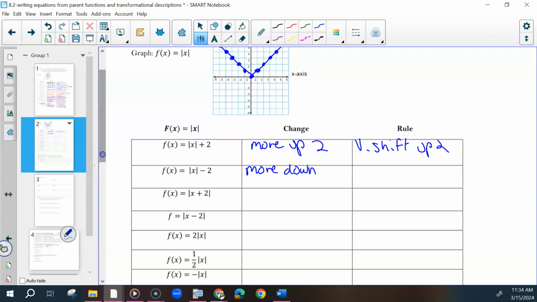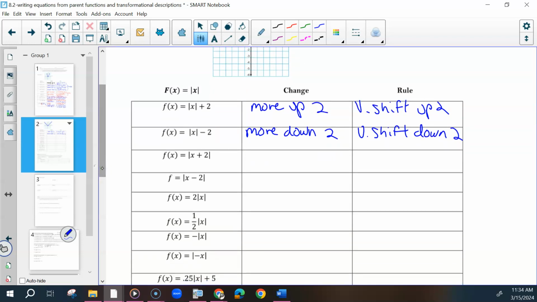Vertical shift down 2. Inside the absolute value plus 2, what would that do? Move to the left 2. Does the opposite of what you think. And what would that rule be? Horizontal shift left 2.